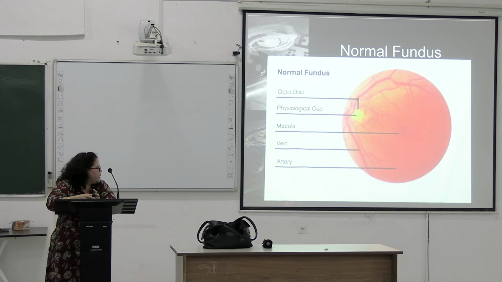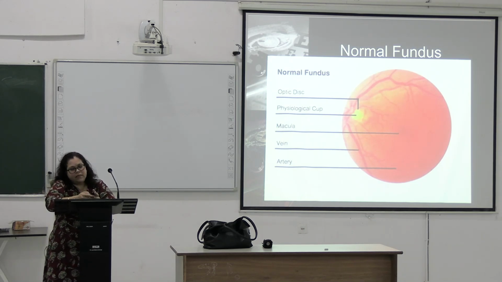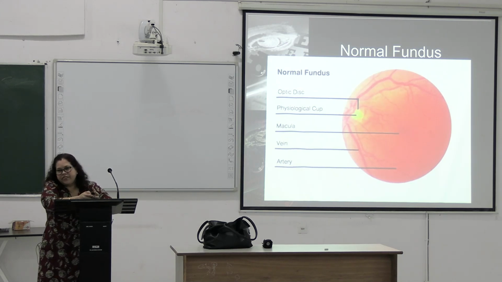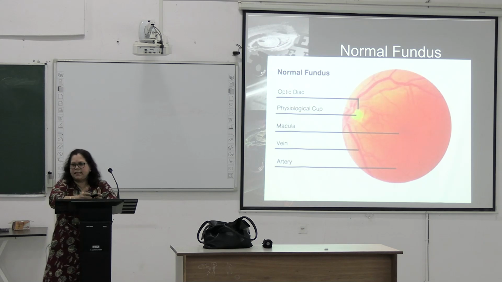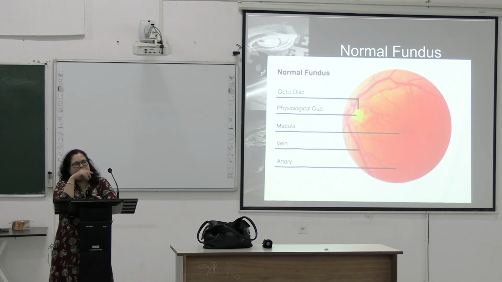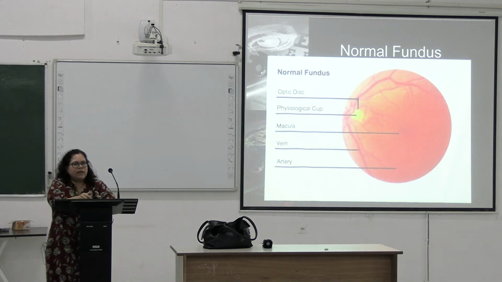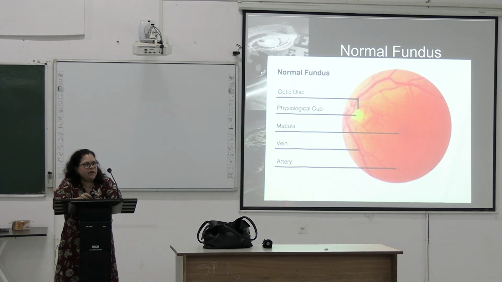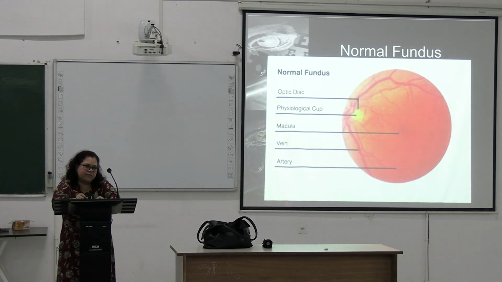Then the third one is cycloplegic refraction. This is another chapter. So, what is cycloplegic refraction? In cycloplegic refraction, we paralyze the accommodation. What is accommodation?